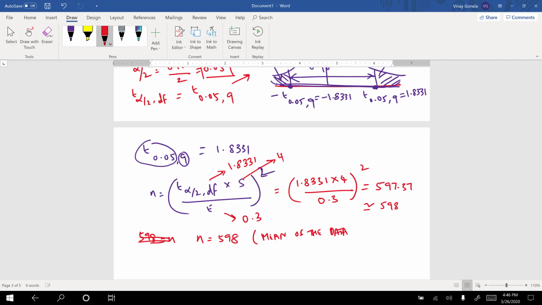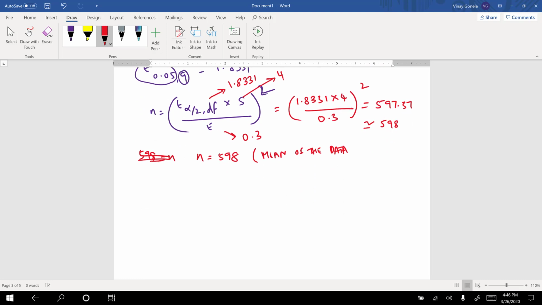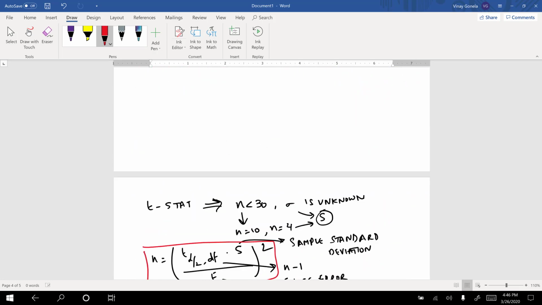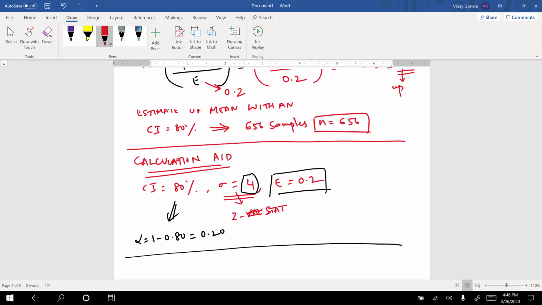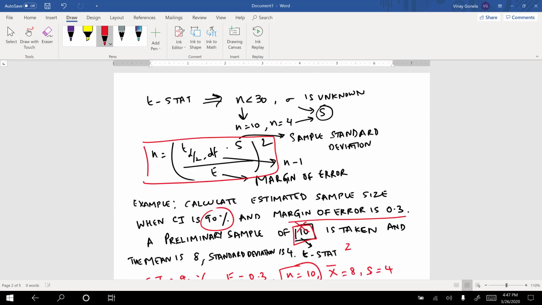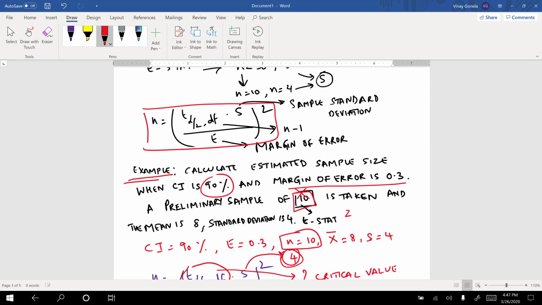So I can use the same problem and solve it using the calculation aid. This is what is given. Again I will go back to the question. Here is our question.